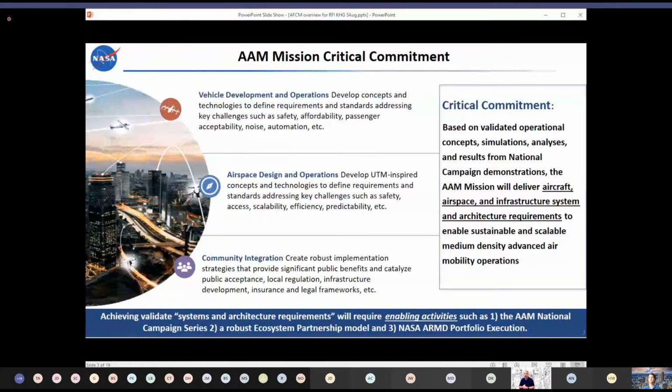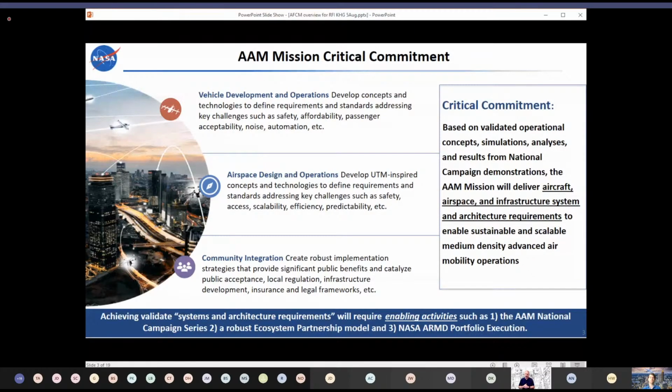Particularly important areas there is considering vertiport integration into the local community. Things like obstacle clearance surfaces, safety setbacks are very important to how we go about doing that. Of course, vehicle automation plays a significant role in determining those factors.